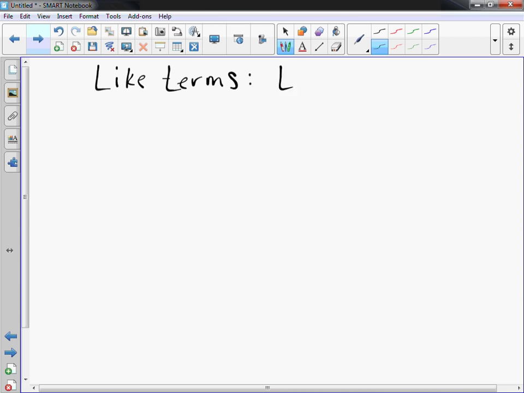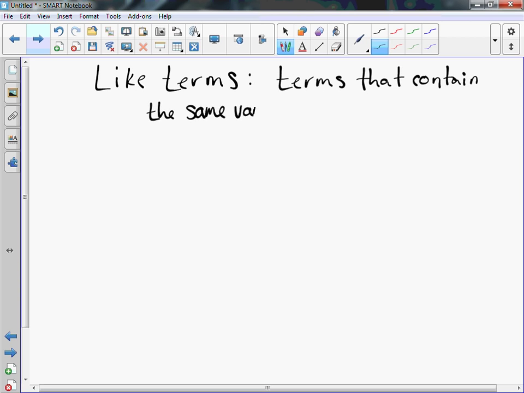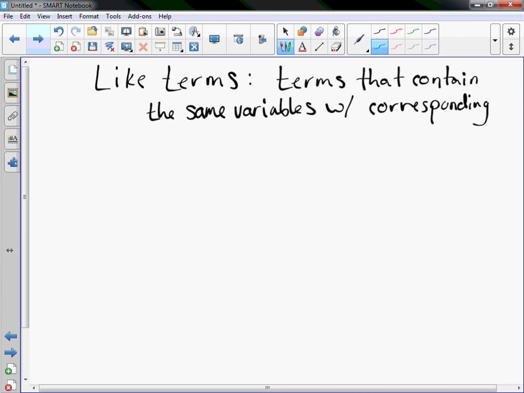So terms that contain the same variables with corresponding exponents.